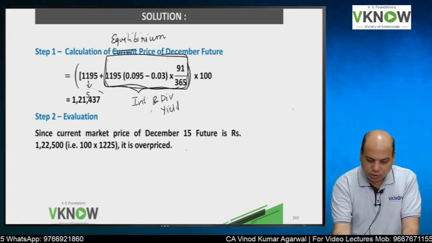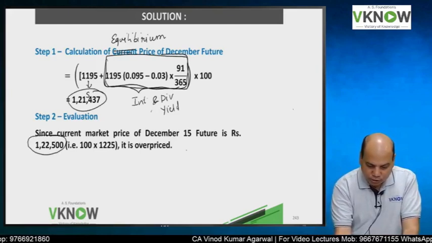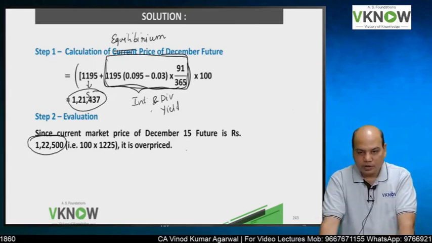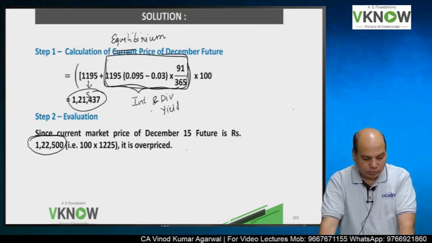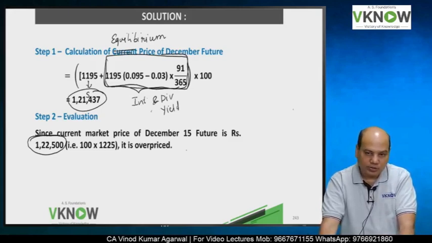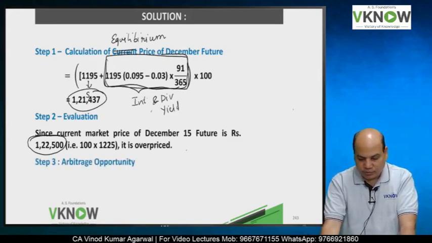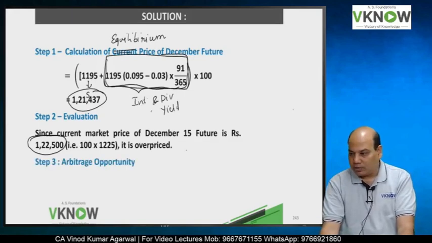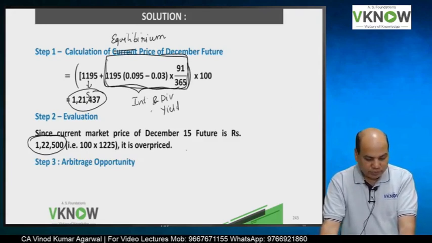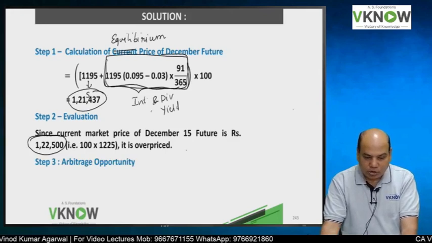So it should be 1,21,437, but it is actually 1,22,500. So write down it is overpriced. It is more than what it should be. So the moment you find that the future is overpriced, it will give rise to an arbitrage opportunity.